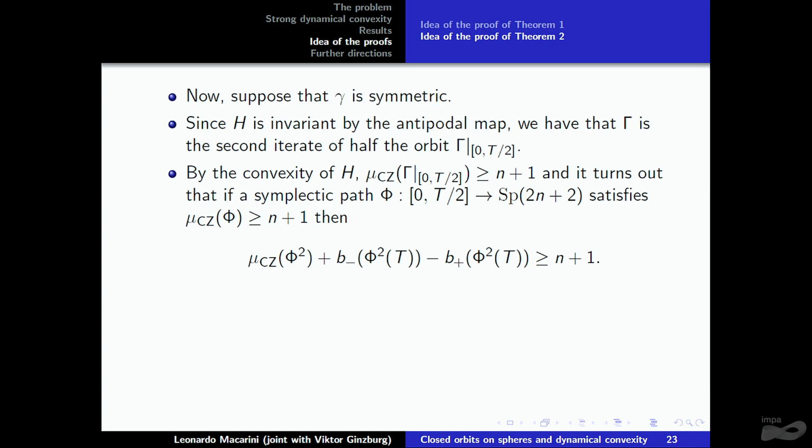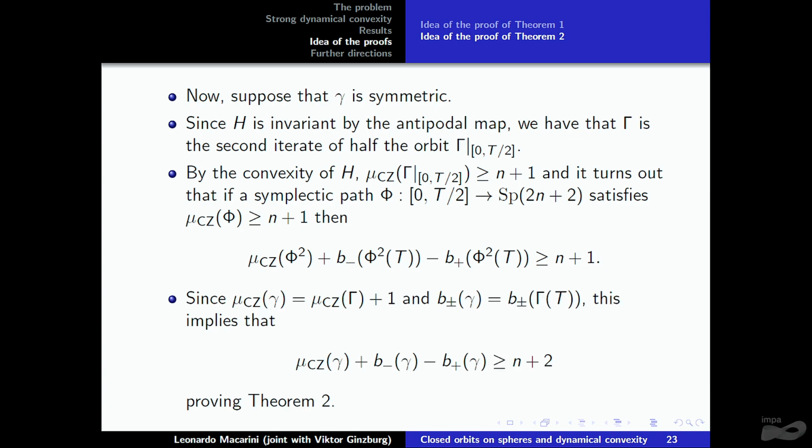And then, using the relation between the index of gamma and the index of the linearized Hamiltonian flow, and this relation between the b plus minus, you can show this.